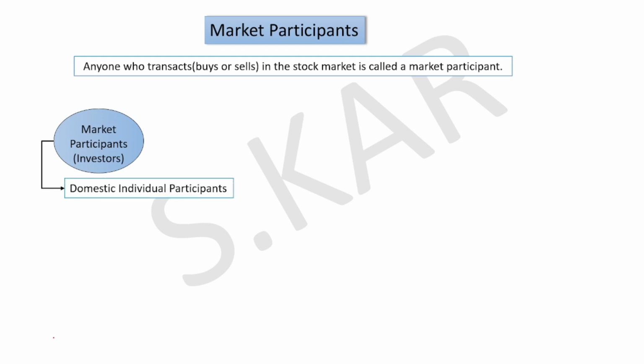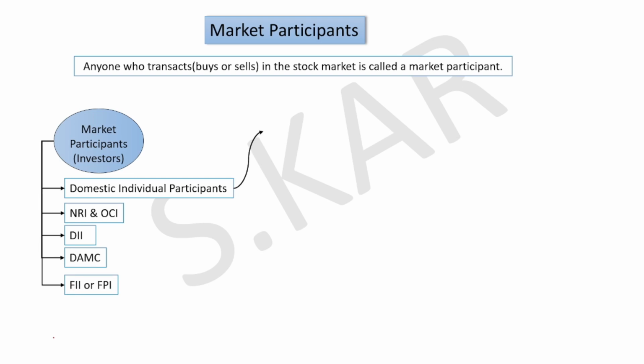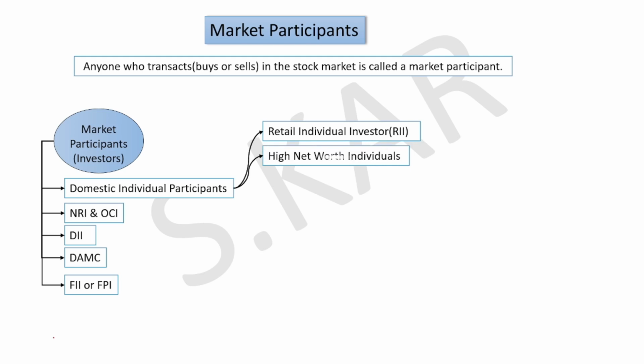So there are domestic individual participants, there are NRIs, OCIs, we knew about it. There are DIIs. What are these? What are the full forms of these? We will know. So there are DAMC and there are FII or FPIs. So the domestic individual participants have two kinds of people in them: the retail individual investors, RIIs, and the high net worth individuals.